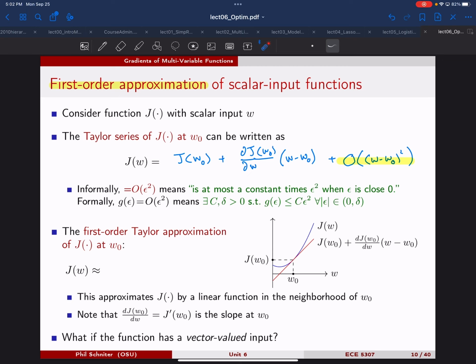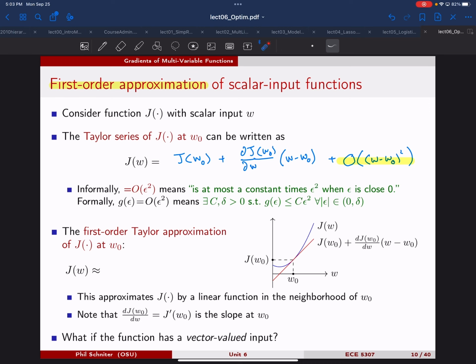It's summarizing it in a simple way. And it's basically saying that thing, which in this case is all the higher order terms in the Taylor series, is at most a constant times the argument, at least when that argument is close to 0.